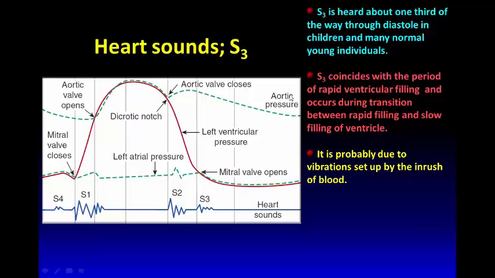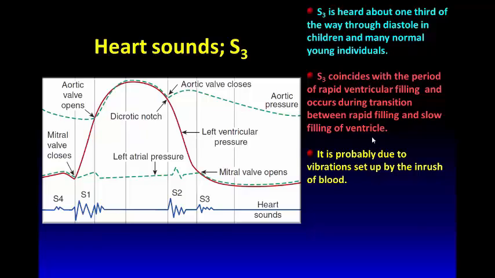This coincides with the period of the rapid filling phase, and exactly S3 might be heard during the transition between the rapid and the slow filling phases of ventricular diastole.